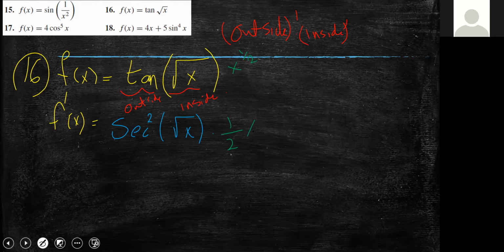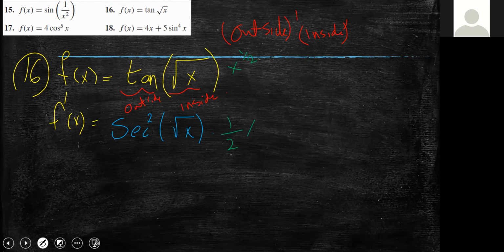4x squared minus 1. Now, Lana. Yes, teacher. Then what do you have to find? The derivative of what? The derivative of 4x squared minus 1. Thank you. So it will be 8x.